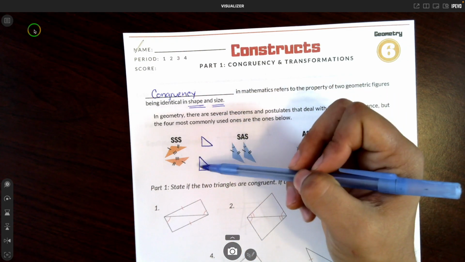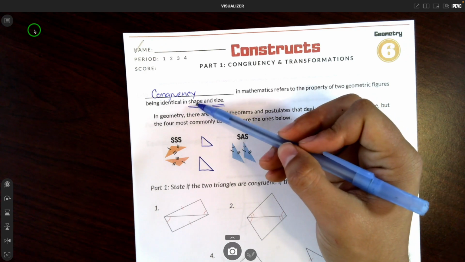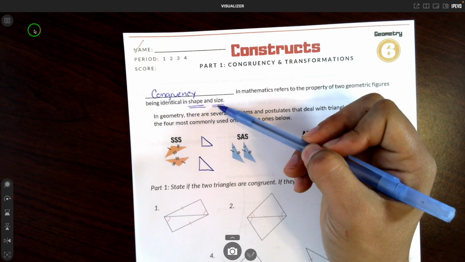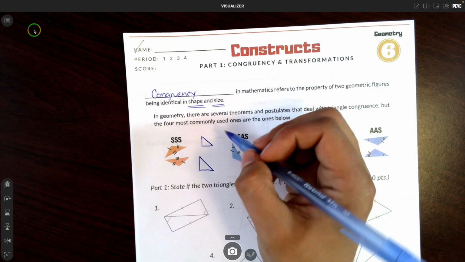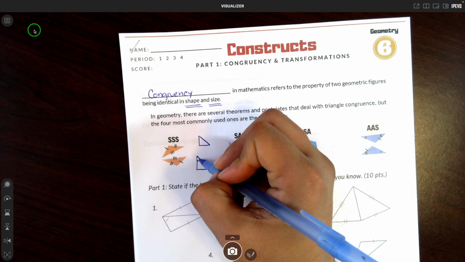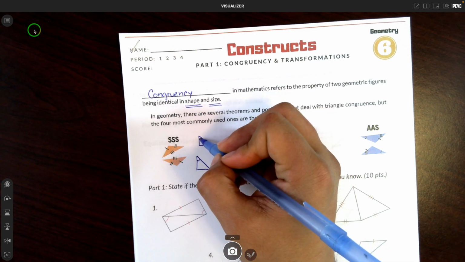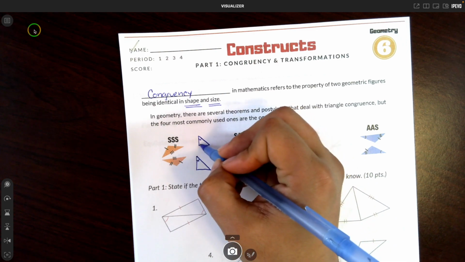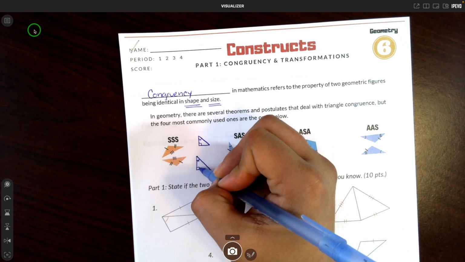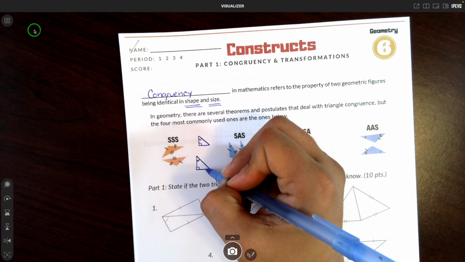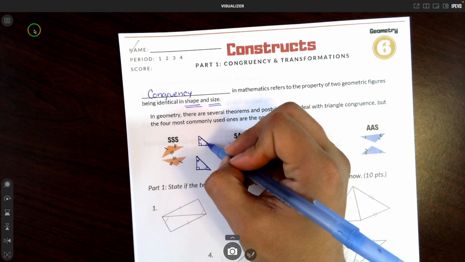Because even though they're the same shape, they're not the same size. Now, we can probably say this angle is the same as that angle. These two angles are the same. This is a 90-degree angle, and that's a 90-degree angle, so those are the same. And then this angle is the same as that one.